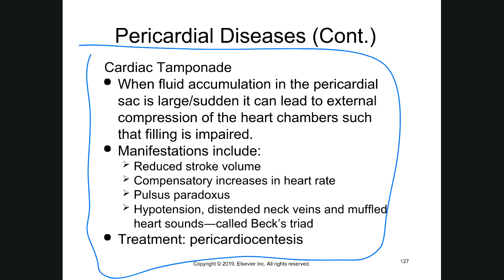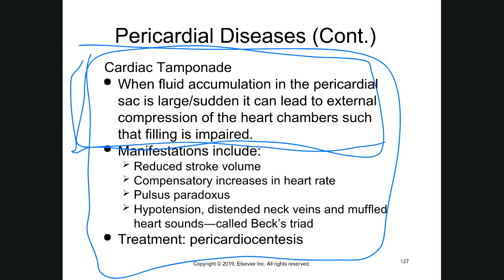Okay? Cardiac tamponade, when the fluid accumulation in the pericardial sac is large or sudden, it can lead to external compression of the heart chamber such that filling is impaired. Remember that the heart is basically surrounded by that pericardial sac.